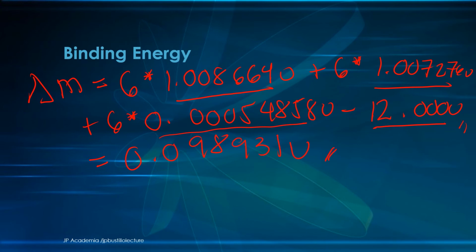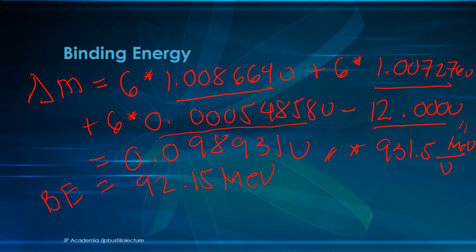Now, we can convert this delta M, the mass defect, into its corresponding energy by multiplying it by 931.5 MeV per u, and we can get the binding energy, which is equal to 92.15 mega electron volts. So for this case, we have this value of binding energy.